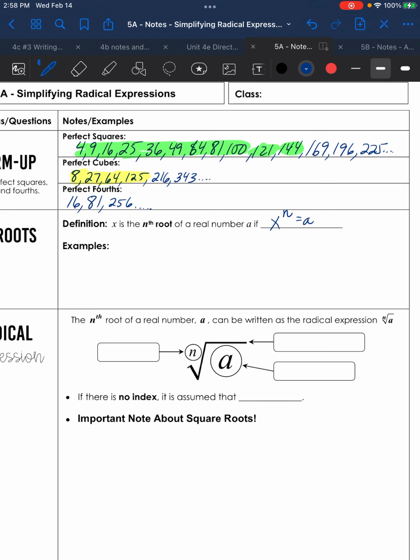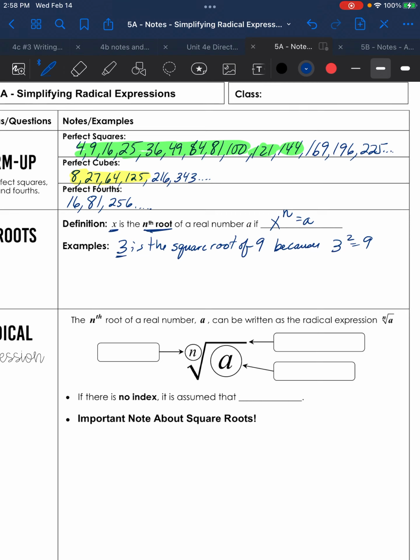So if 3 is the square root, that'd be the nth root, it's the second root of 9, it's because 3 squared equals 9. So following along, instead of x, I'm going to put 3 in there.